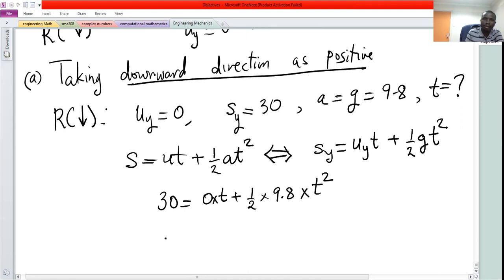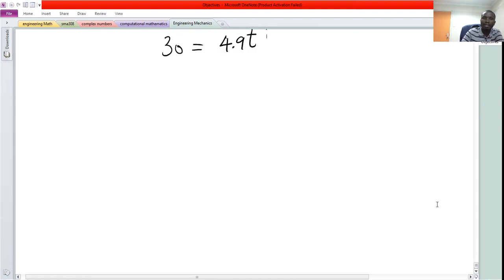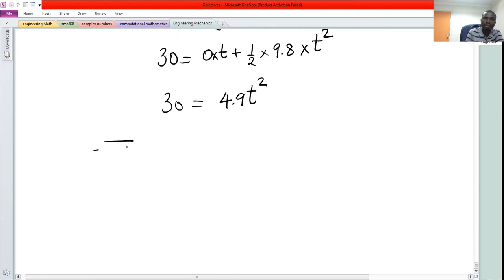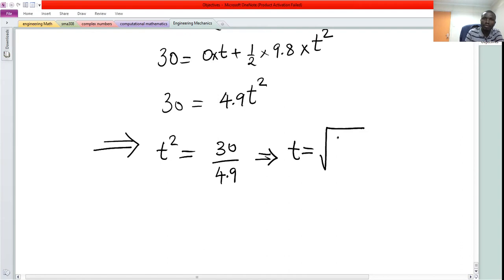Now, this equation will be 30 equals 4.9 t squared. That means t squared is 30 over 4.9, which implies t, time being scalar, is the positive square root of 30 over 4.9.